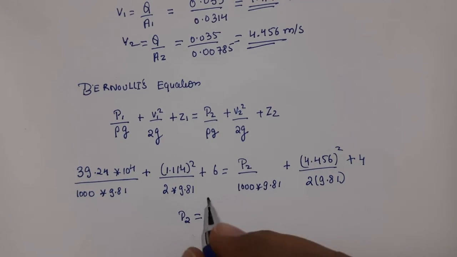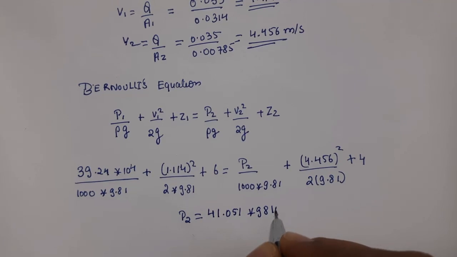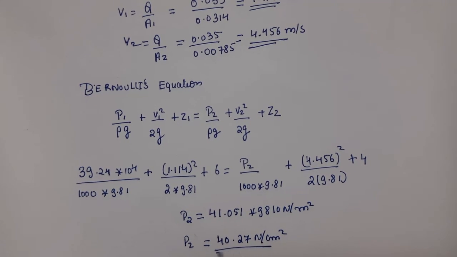So calculating this completely, we get the P2 value as 41.051 into 9810 Newton per meter square. Converting this into centimeter square, divided by 10 to the power of 4, we get the value P2 as 40.27 Newton per centimeter square.